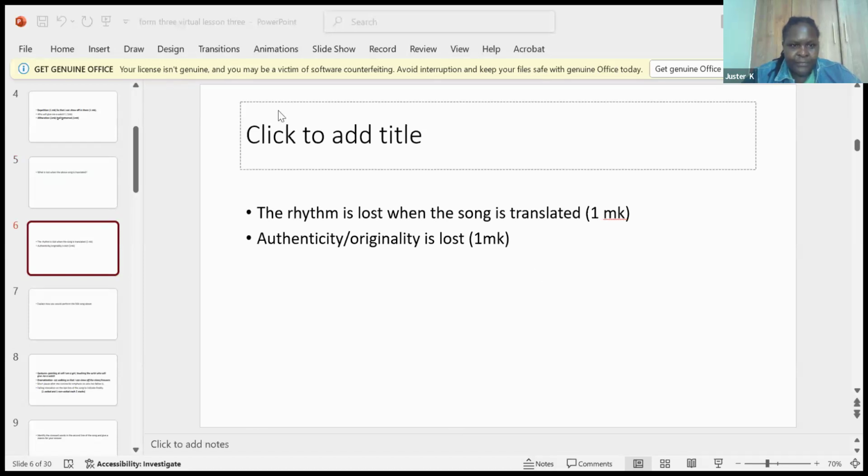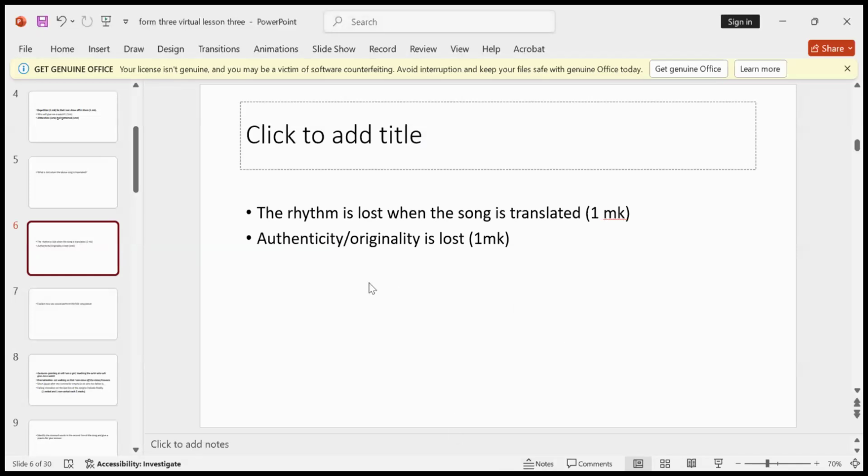We've lost him. Who can take us through the answers? Okay, Evans? The rhythm is lost when the song is translated. The second is authenticity or originality.